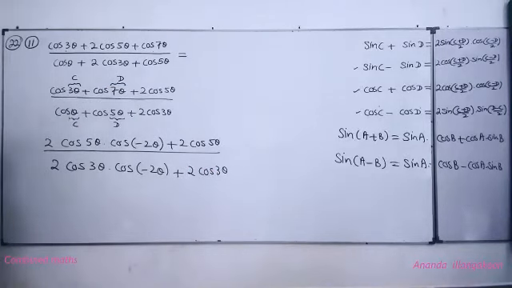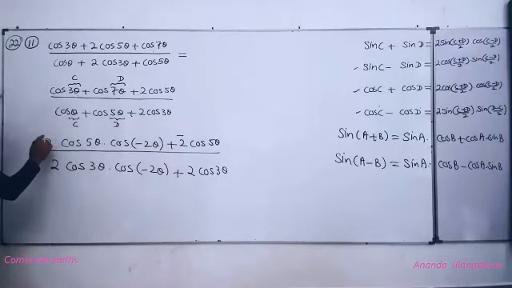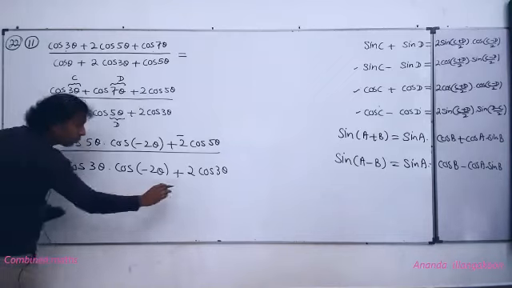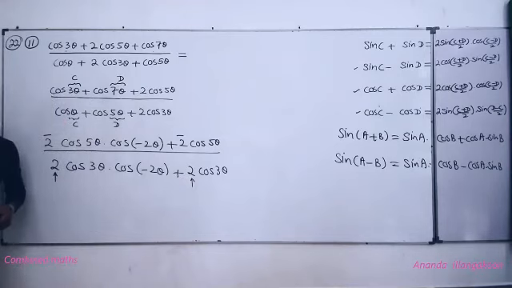Right. People, you can very clearly see here these 2 and these 2 you can take out from a bracket as common factor for this numerator. Similarly, these 2 and these 2 we can take out from the denominator as a common factor.